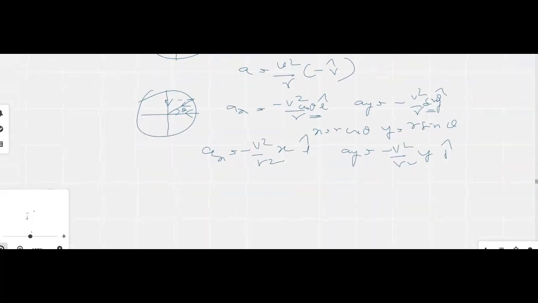So here what we find is v square by r square is omega square. Now we will restrict our discussion to only one component, only x. So a_x is nothing but minus omega square x.